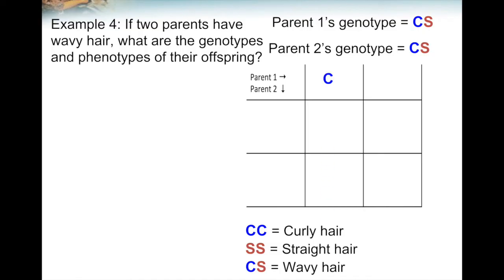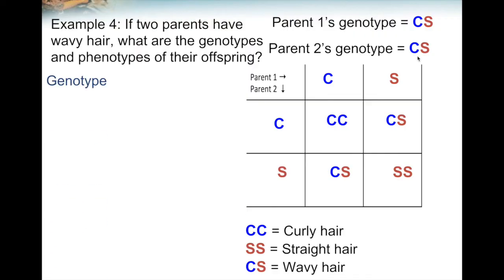When you put the Punnett square together, each parent goes on the top or the left-hand side, and when you fill out the boxes, it should look like this. I didn't ask for genotypes or phenotypes to be in percent or fraction, so you could put both or you could put one or the other.